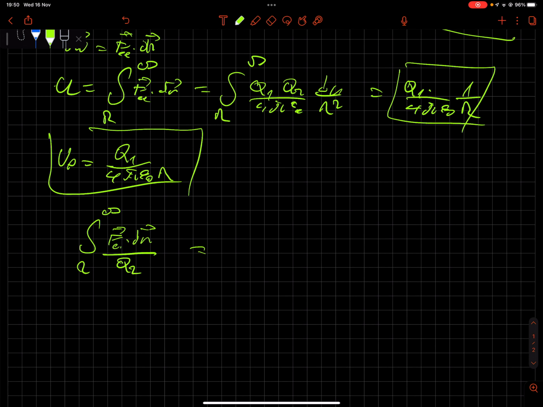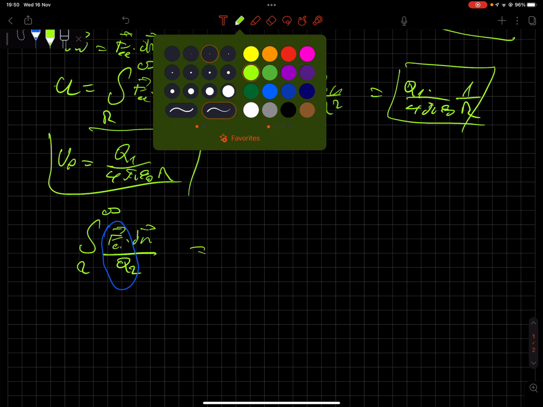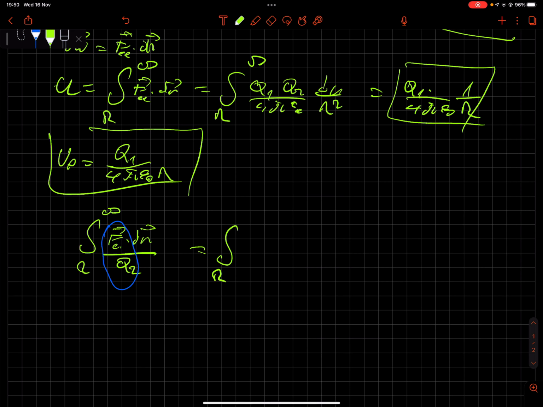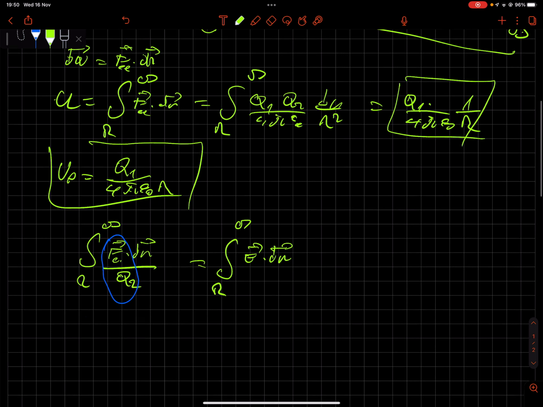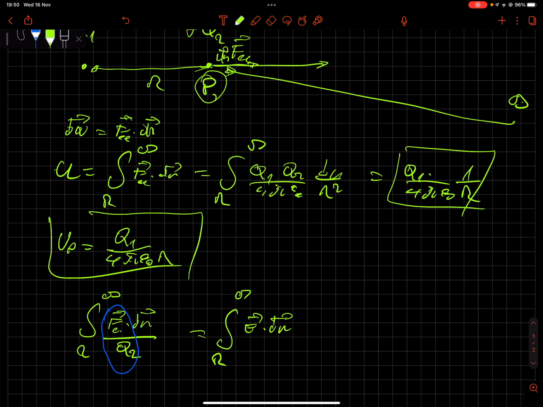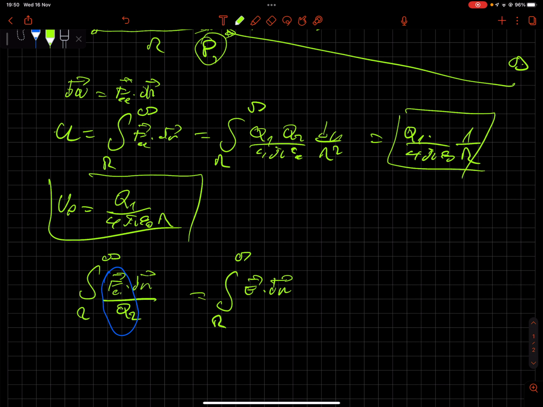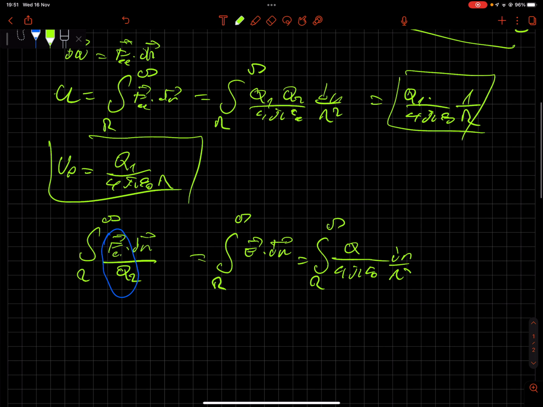And this here is the electric field, so we can write, from point P on distance r to infinity, electric field times dr. Of course the electric field and dr are in the same direction, so cosine is 0, and we can forget again about the vectors. We calculate from r to infinity q over 4 pi epsilon naught r square dr, and the formula is the same as the formula here.